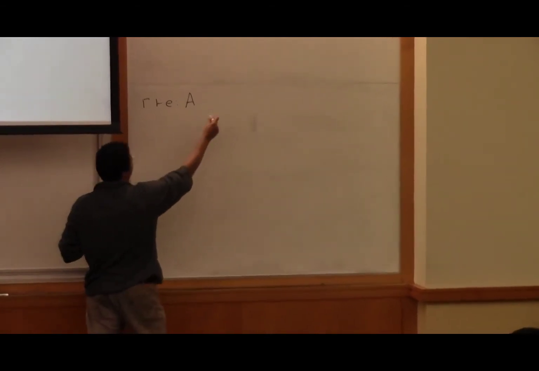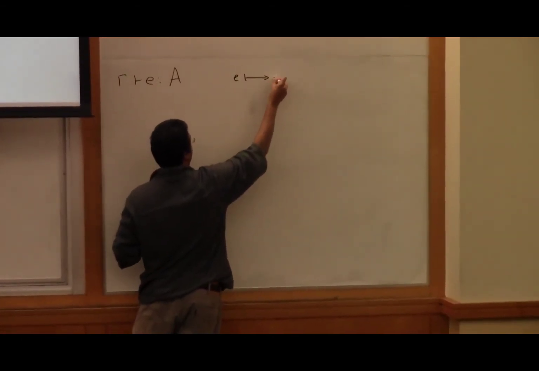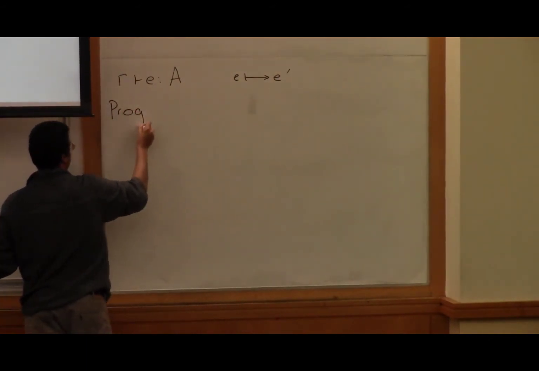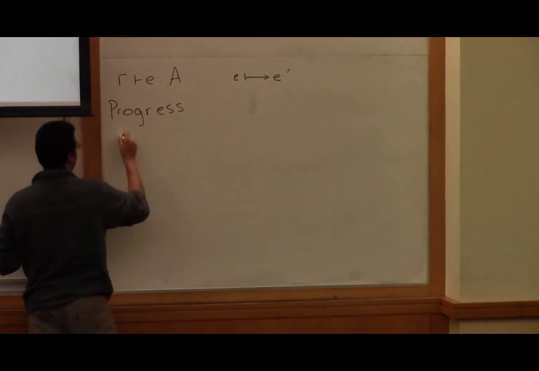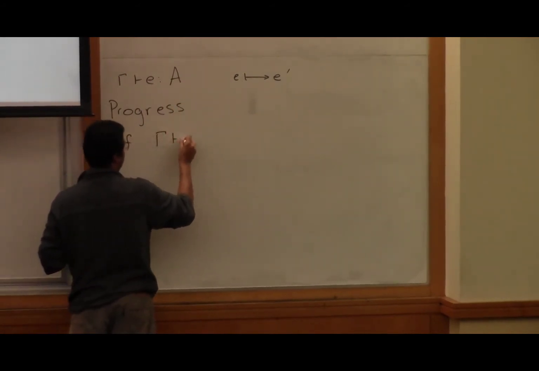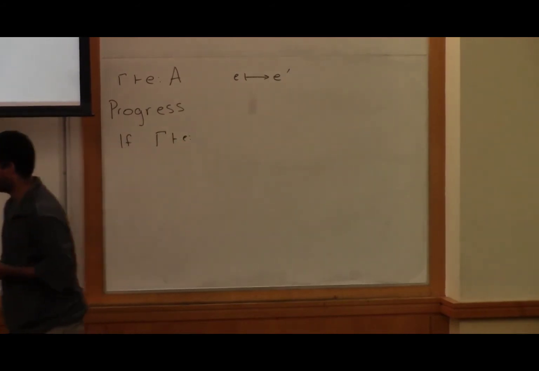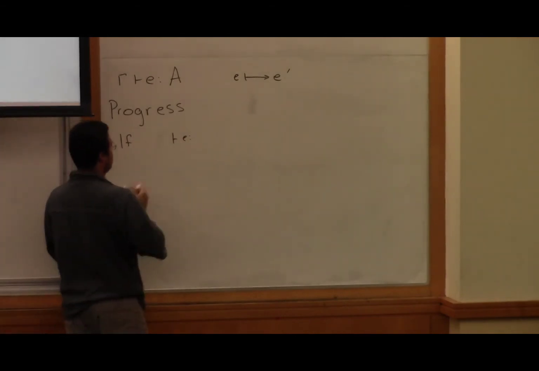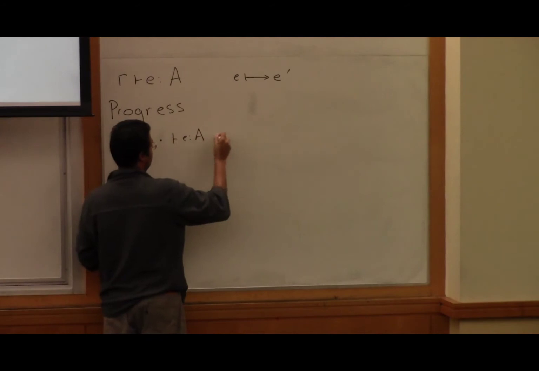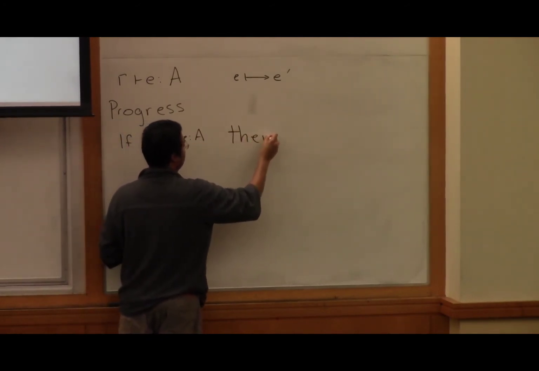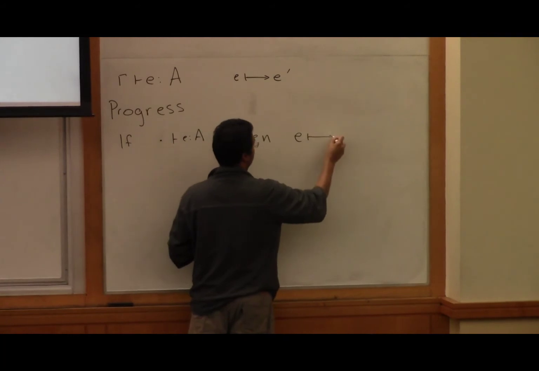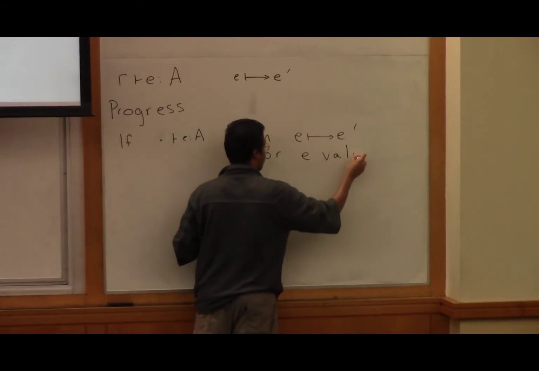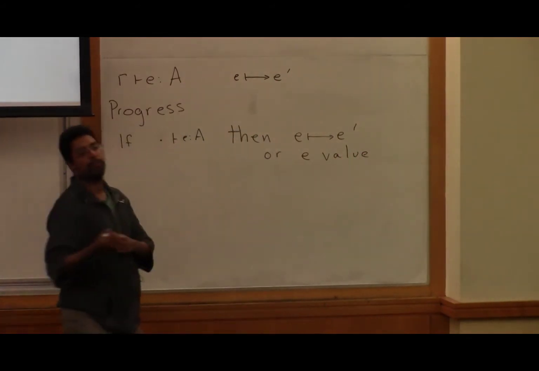You give a reduction relation, E steps to E prime, and then you prove progress, which says if E is well typed, in fact in an empty context, then E will step to some E prime, or E is a value. And so that says we'll never get stuck.